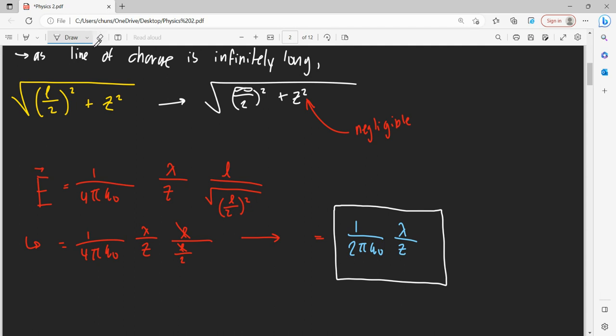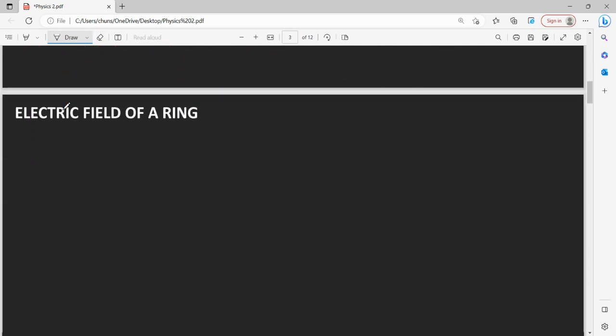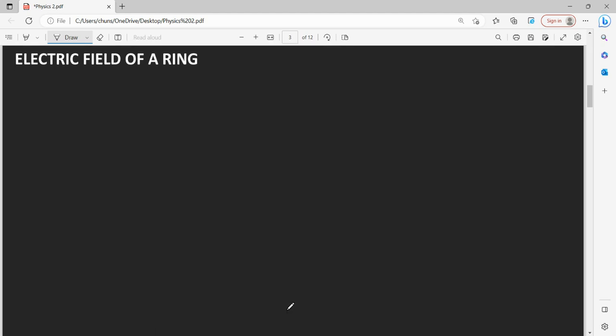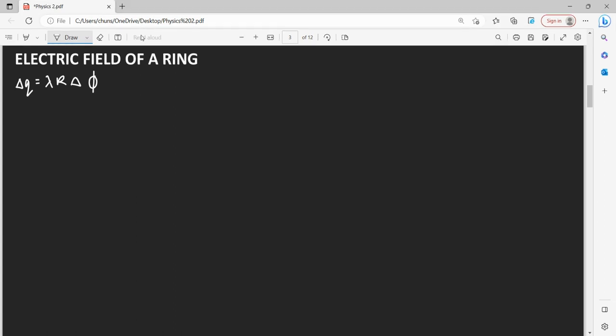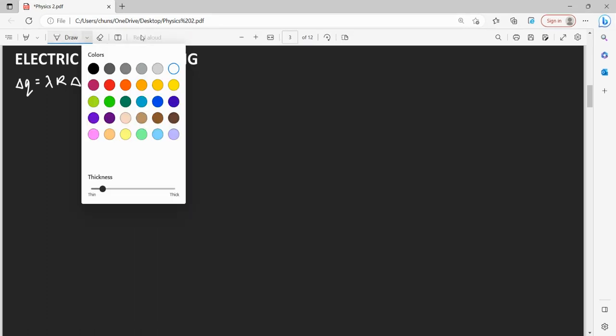All right, so next we're going to use an example of an electric field of a ring. So now what do we do if we have a ring and we want to find the electric field at a point above that ring? So let's sketch that out.